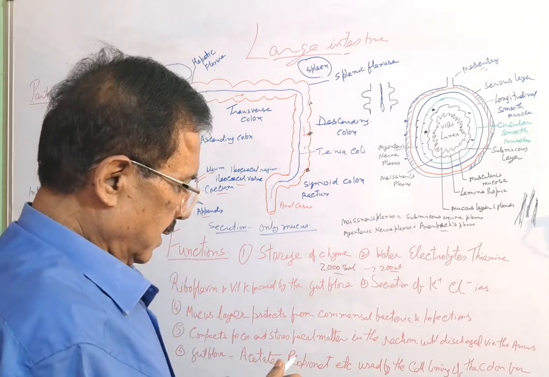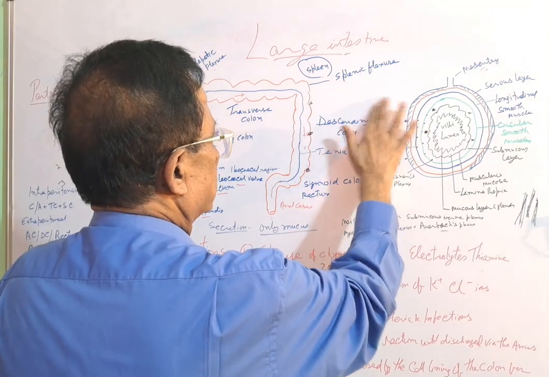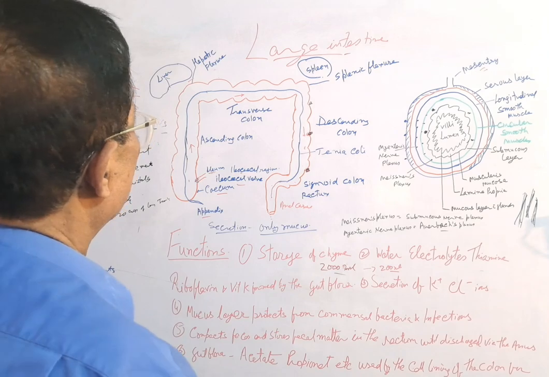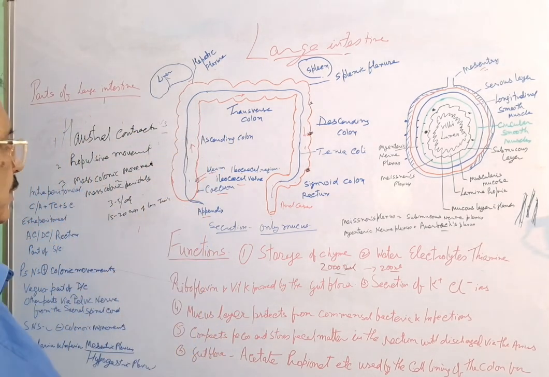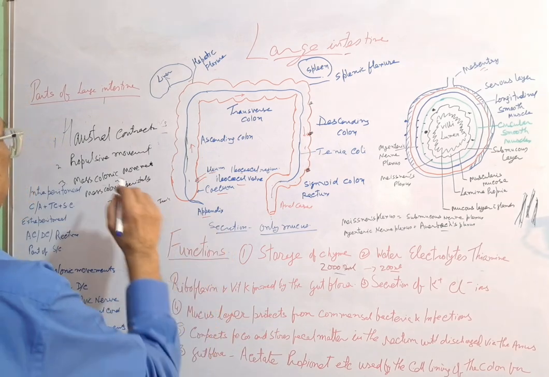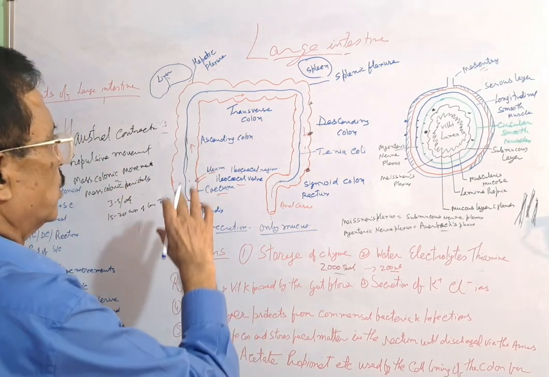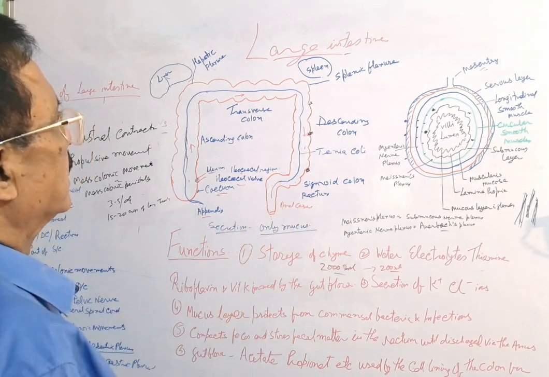Okay, it is clear. Now, parts of the large intestine. Number one, we can divide it into four parts: number 1, cecum with appendix, number 2, colon, number 3, rectum, and number 4, anal canal.